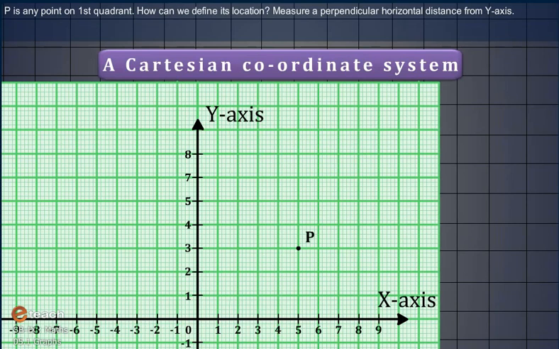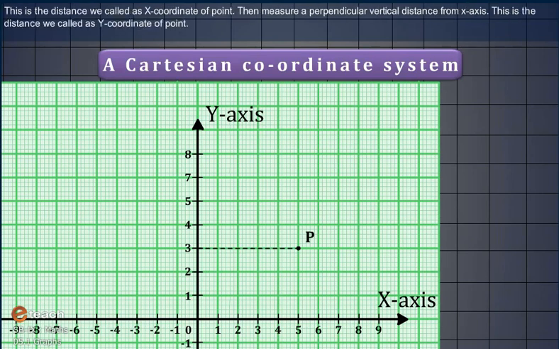How can we define its location? Measure a perpendicular horizontal distance from the y-axis. This is the distance we call the x-coordinate of the point. Then measure a perpendicular vertical distance from the x-axis. This is the distance we call the y-coordinate of the point.